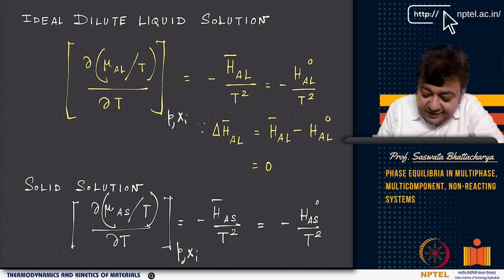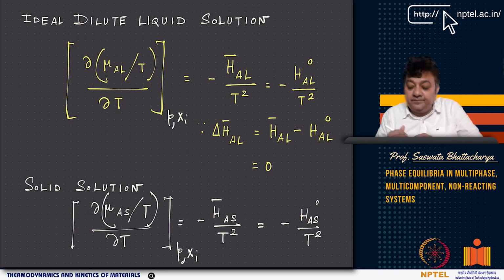With the same equation, if you take the partial molar free energy of A in liquid divided by T, and take the partial derivative with respect to temperature, keeping pressure and the concentration of components fixed, then based on the Gibbs-Helmholtz relation it is equal to minus H bar A, the partial molar enthalpy of component A in the liquid.